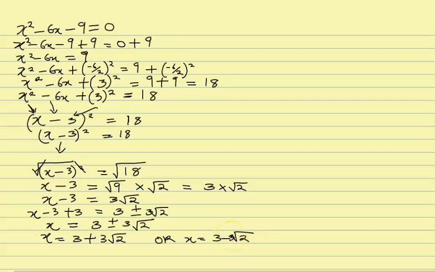So at the end of the day, if you break this down with your calculator, we get x equal to 7.243, or x equal to negative 1.243. All right, so this is our final answer.